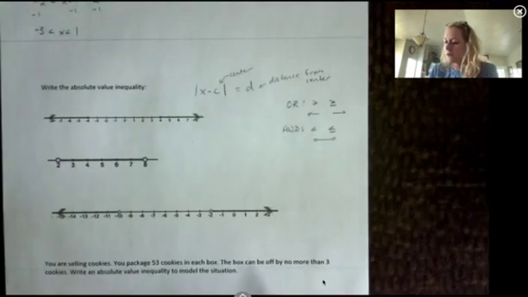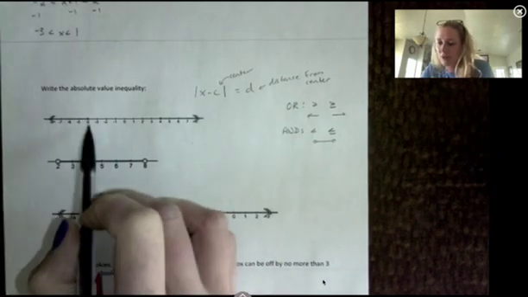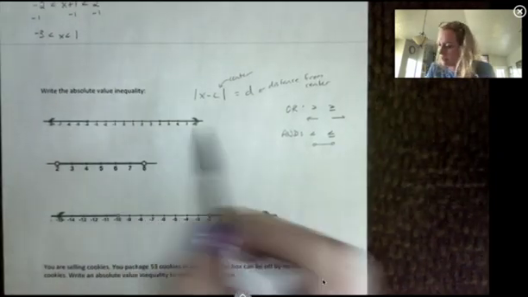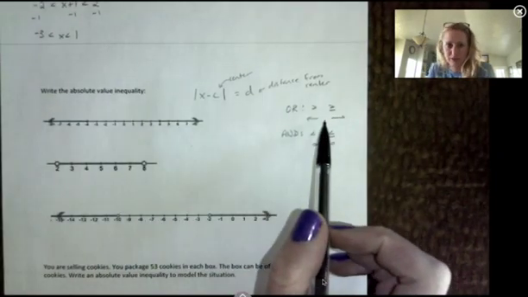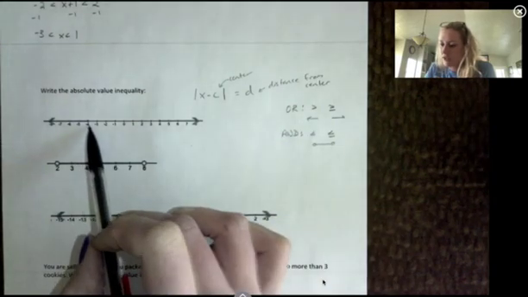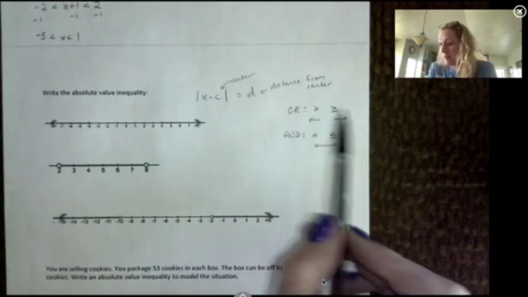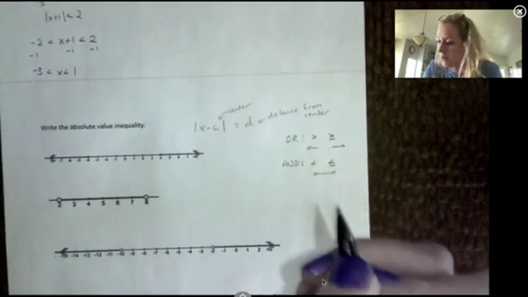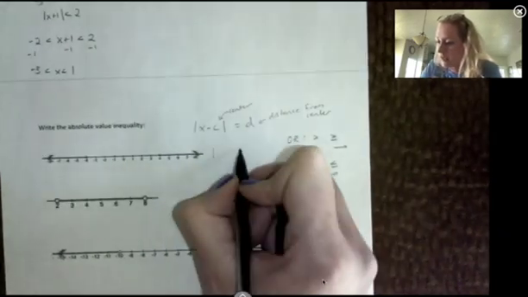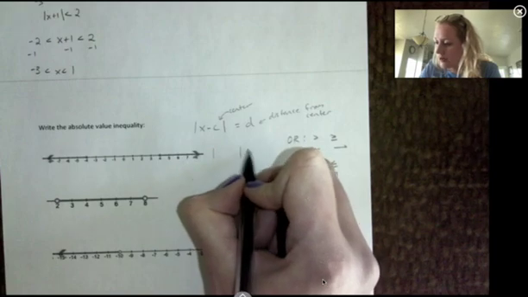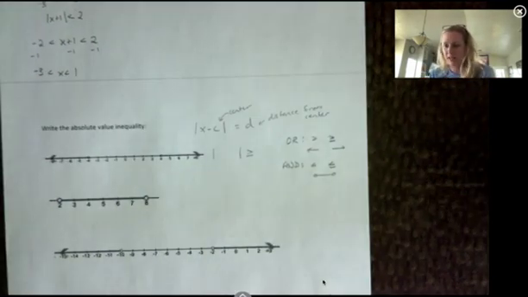Okay, so if we look at this one, this is an or inequality, so I know it's got to be greater than or equal to. The circles at the points are closed, so that makes it greater than or equal to. So I'm going to write it up next to it. So I have absolute value of something is greater than or equal to something. That's about all I have so far.